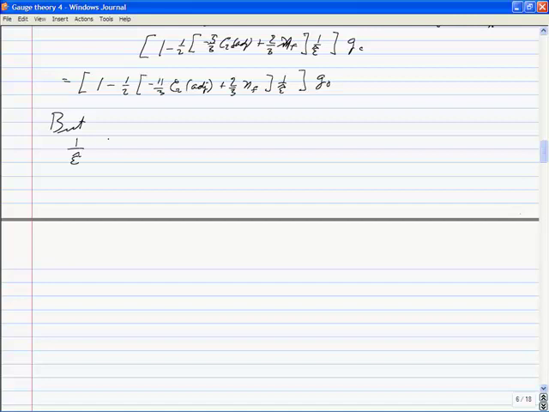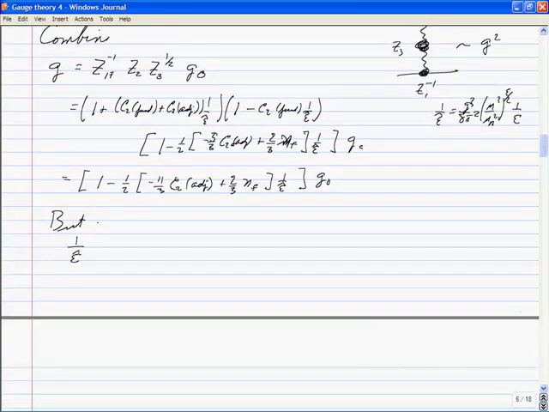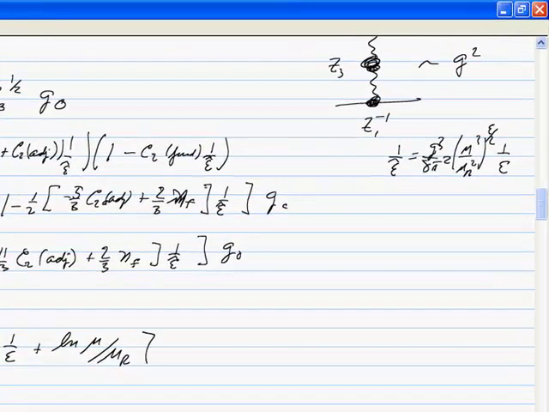But then, since 1 over epsilon hat, remember you can see the definition up there, looks like g squared over 8 pi squared, 1 over epsilon plus log mu over mu renormalized, if I take the renormalization point dependence of 1 over epsilon hat, that's minus g squared over 8 pi squared.